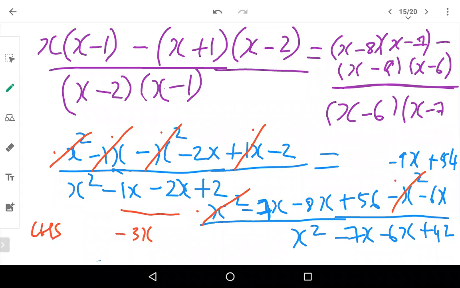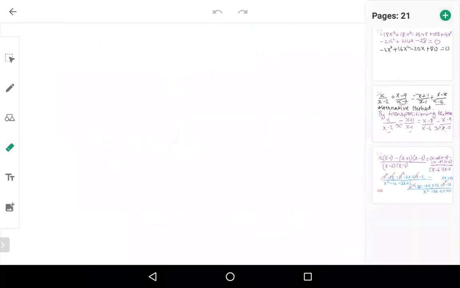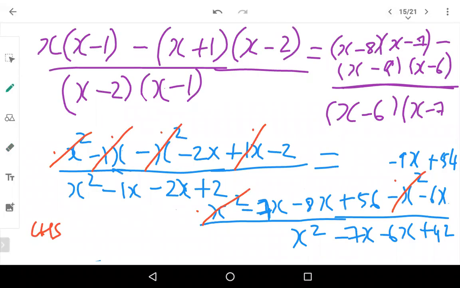So in my next form, 2x minus 2. Wait a second.